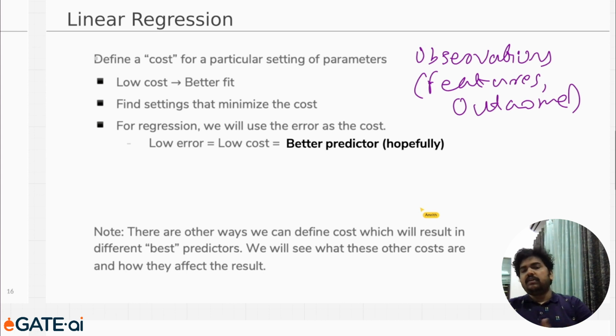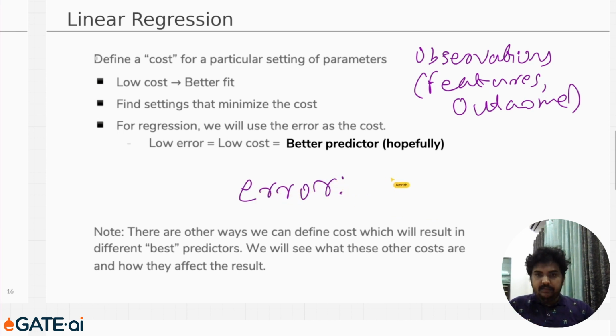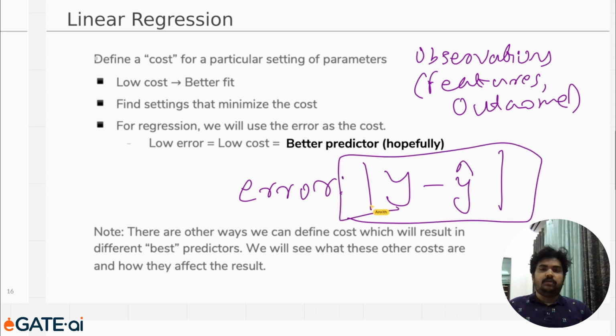In other words, we are talking about an error, where we are finding y minus y hat. I might have written y hat minus y previously. It doesn't matter. We are basically interested in the difference of magnitude, not necessarily the direction. So here y is the true outcome, y hat is the predicted outcome, which is coming out of f hat.